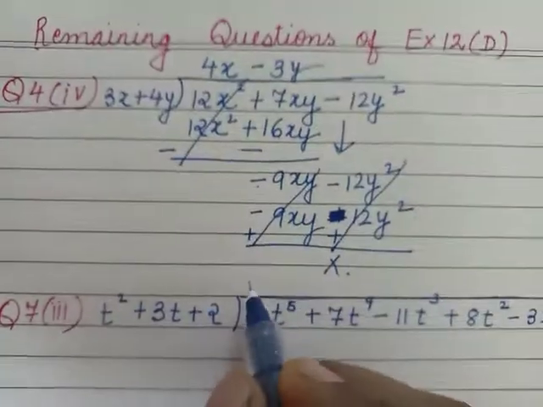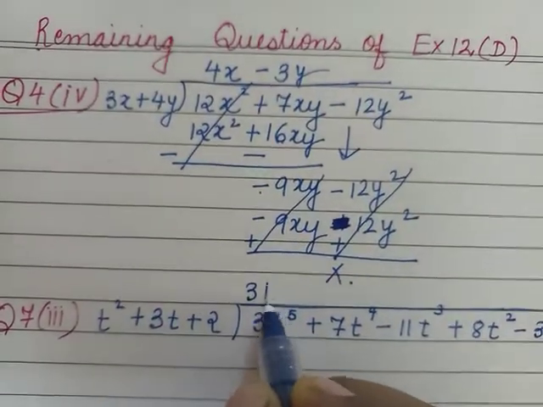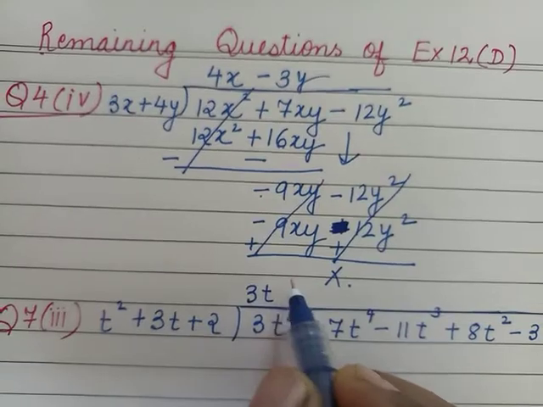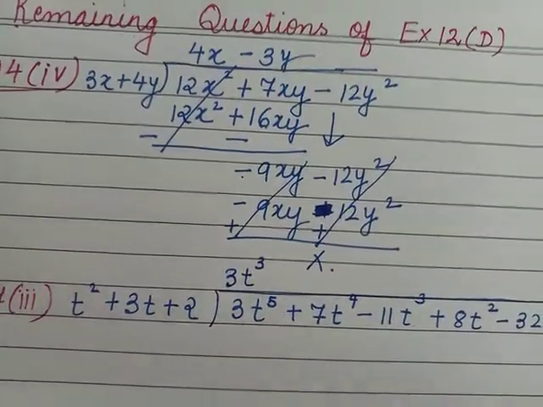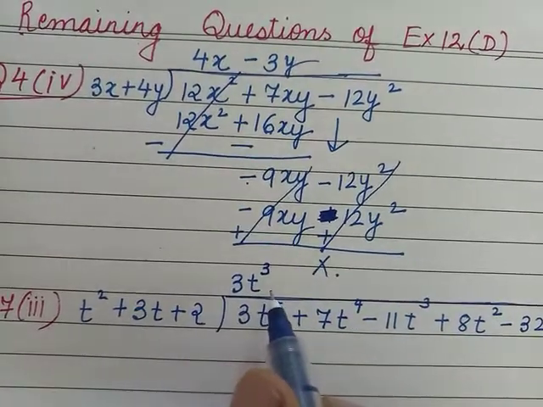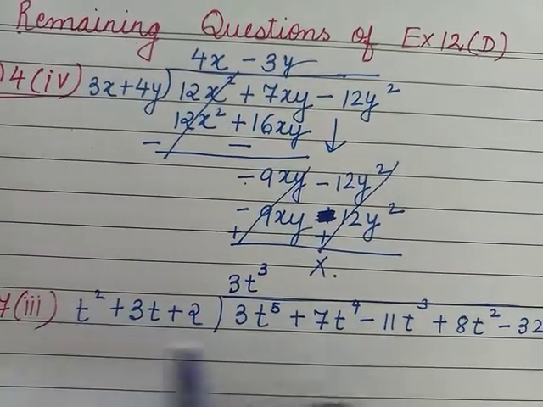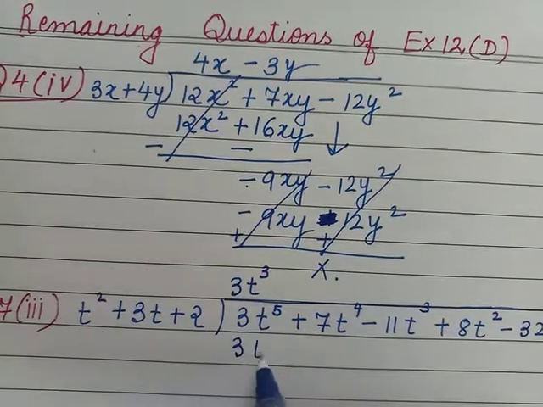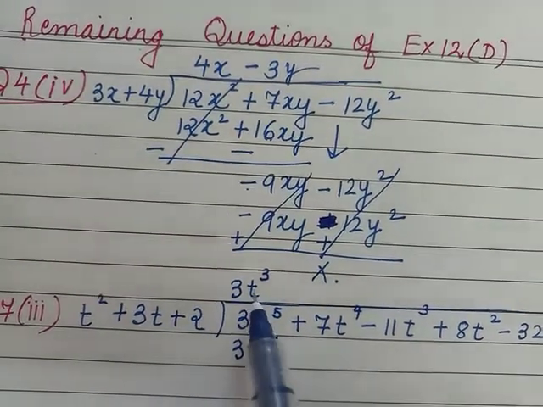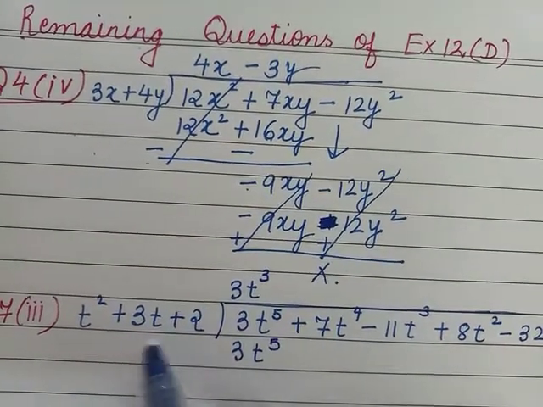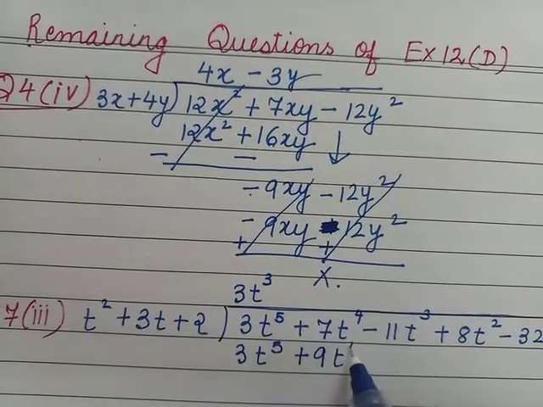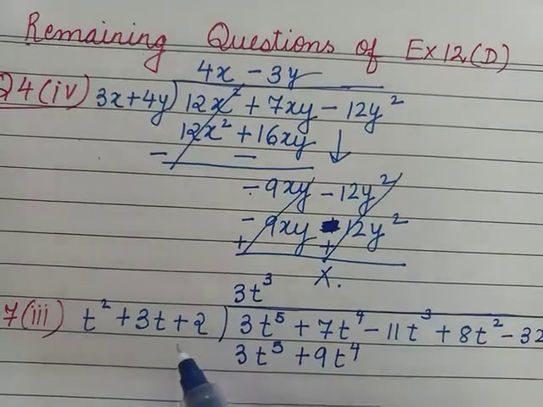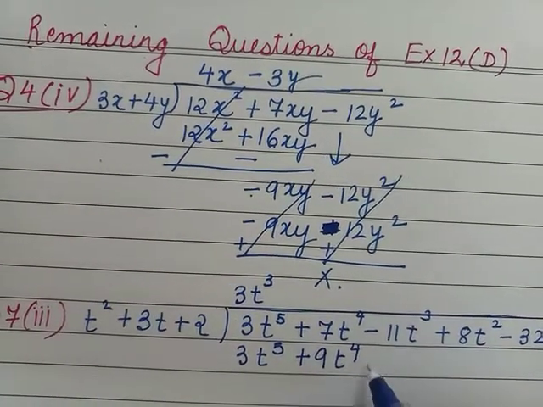So the first term that we are going to write here is 3t cube. When 3t cube is multiplied with the t square, it will give you 3t to the power 5. Now when this is multiplied with the next term, it will give you plus 9t to the power 4. And then you will get plus 6t cube.